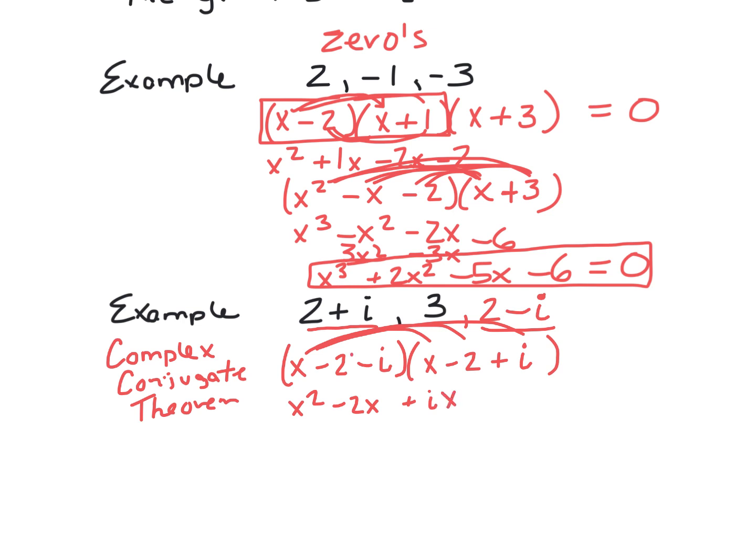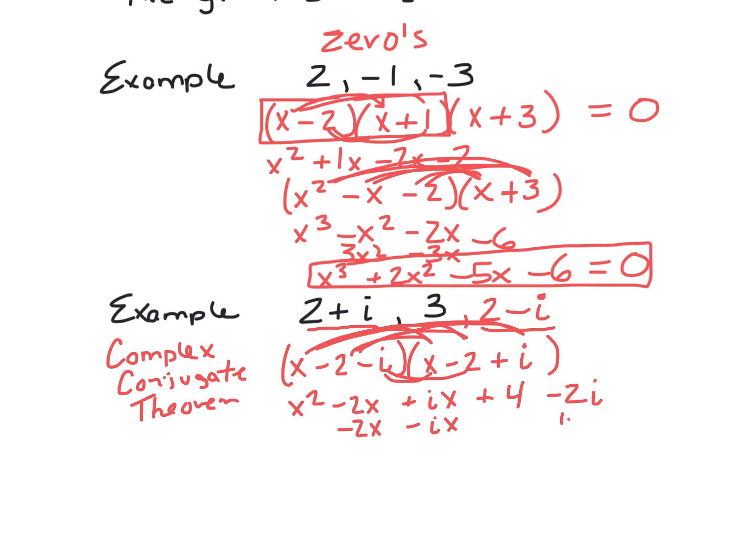When I run the negative 2 through, I'd have negative 2x. I'm going to keep those together. I'd have positive 4, a negative 2i. Keeping like terms together.